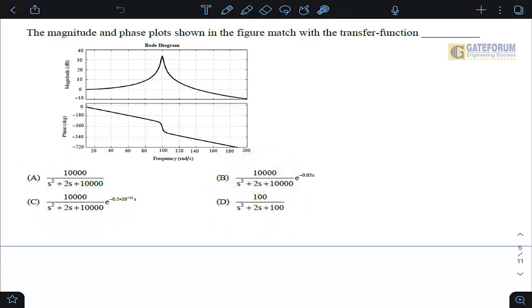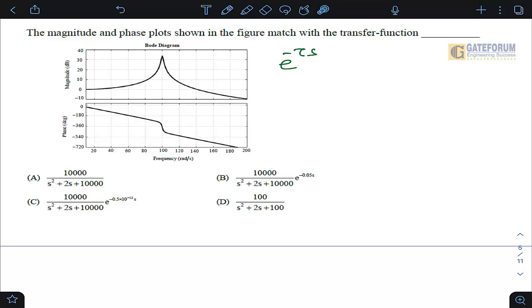But actually the answer is hidden in the phase plot. If you see, students, the phase plot is kind of a linearly decreasing pattern. And what is that term which contributes a linearly decreasing phase? It is nothing but a transport delay, which is in the form of e raised to power minus tau s. If you plot its corresponding magnitude, it is 1 for all frequency and phase is linearly decreasing.